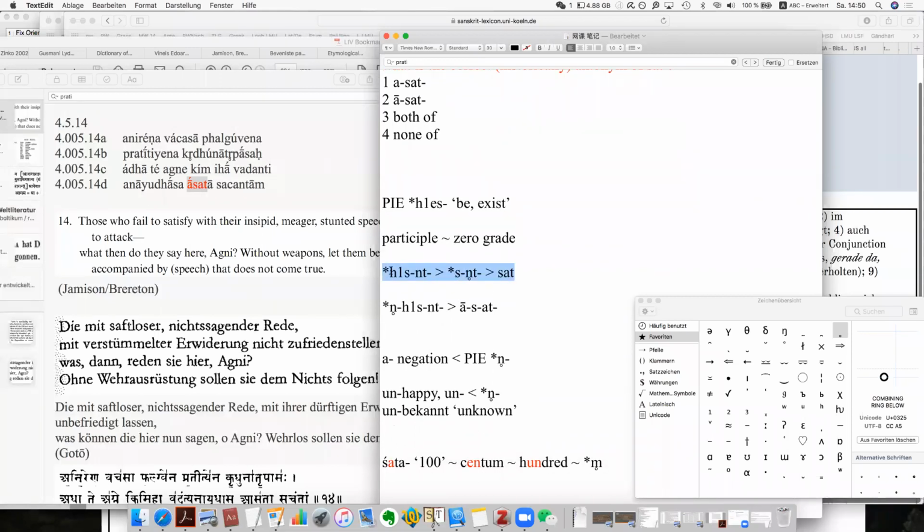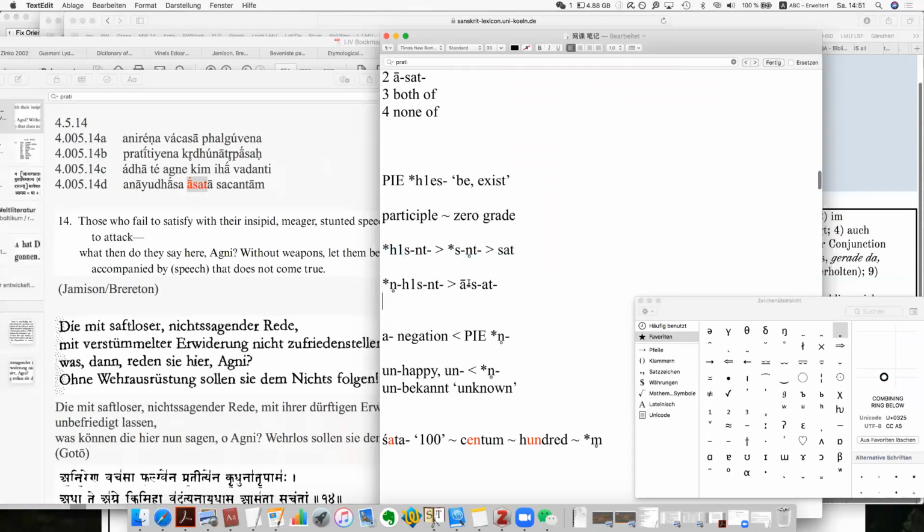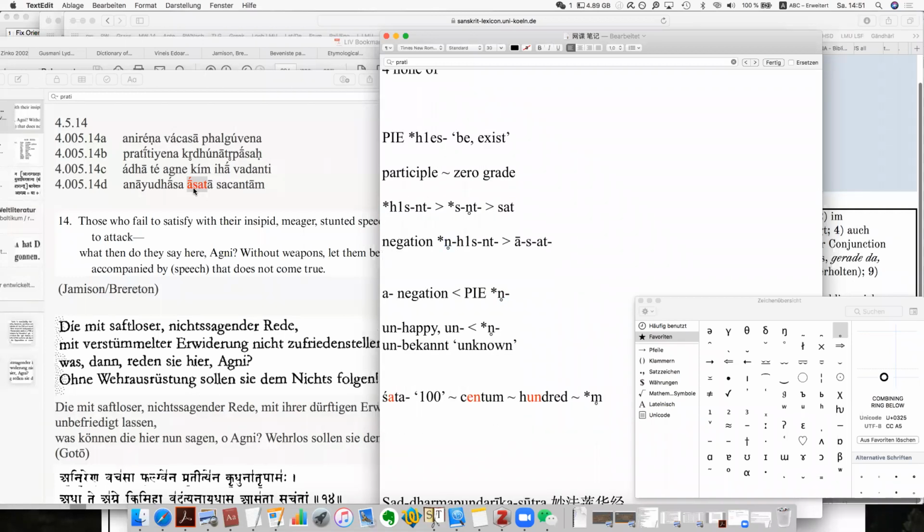The participle is called sat or sant because the laryngeal at the beginning is lost. But if we use a negation, we have an n at the beginning, and n plus a laryngeal turns into a r. So that's why we have here asat.